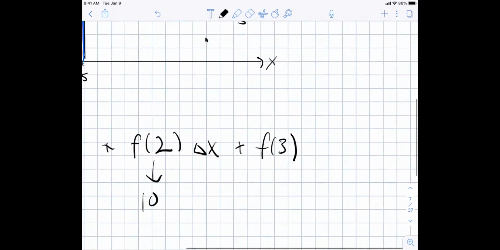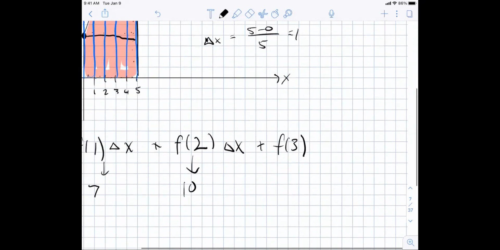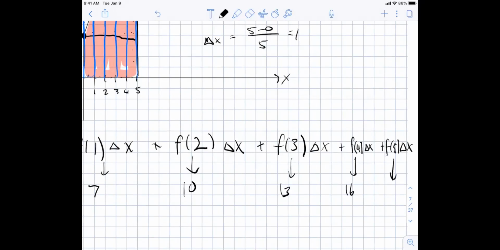So next I want f of 3. Well, that's going to be 13 multiplied by delta x, plus, then I want f of 4. I'm running out of room. Well, f of 4 is 16, and I won't bore you with the arithmetic. I know you know how to do arithmetic. The slope is 3, so every step you're just adding 3, right?